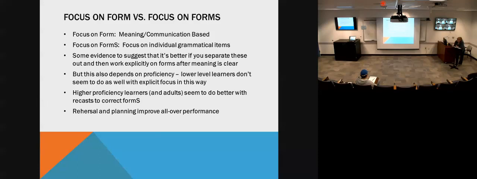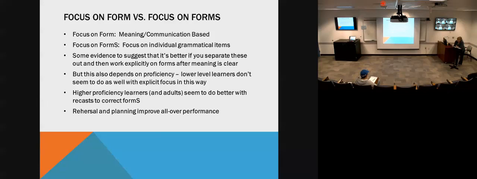But if you only have that focus on form, and no additional negotiation of the input in terms of looking at forms and the jobs that they do, then the chances are that you will end up with pidginized production. So what's the upshot of all that? Well, you need both, right?